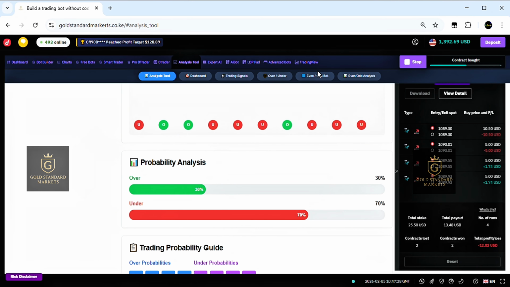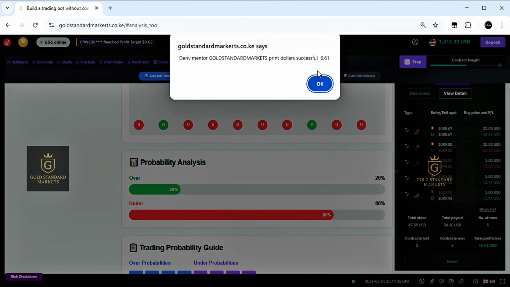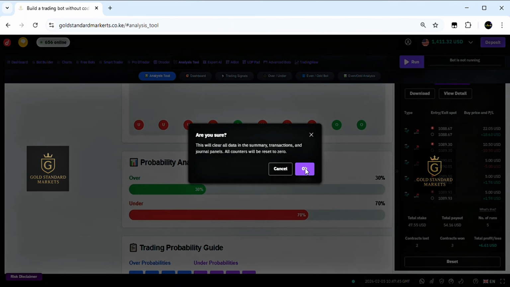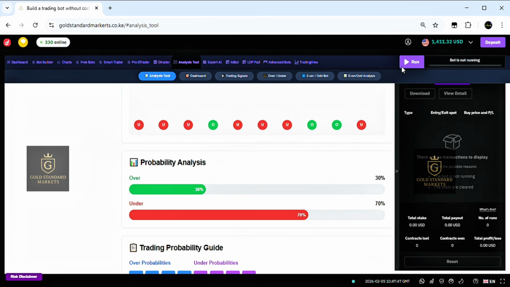We're going to see the maximum confidence that would come when we are running it. Okay, TP hits, we reset, and then we go again.